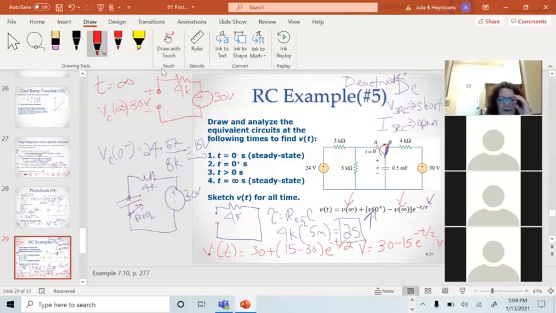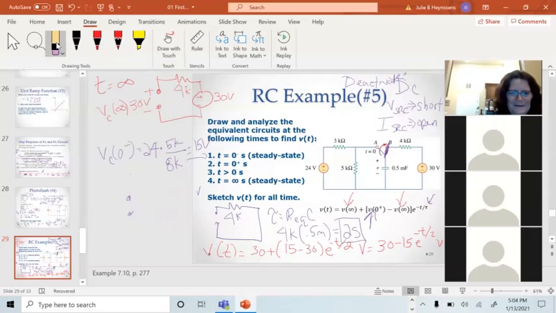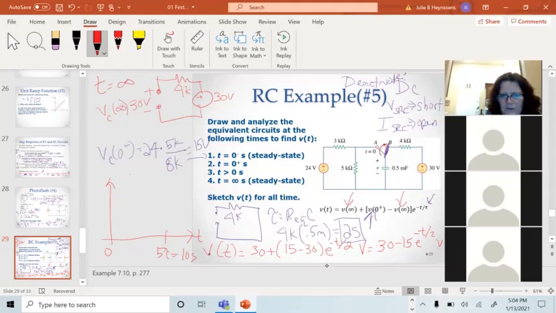We could graph that. This is time t, 0, I'll just call this 5 tau, which in this case is 10 seconds. At time t equals 0, it was at 15 volts.